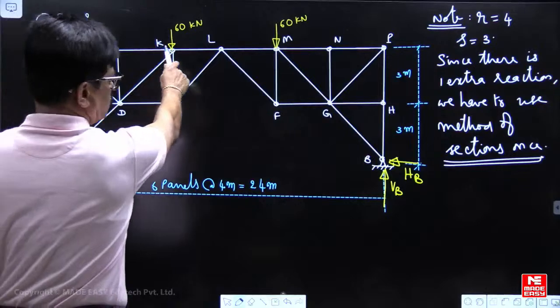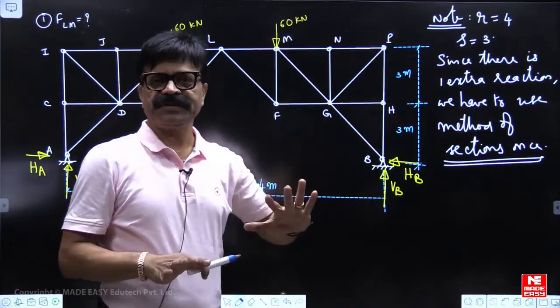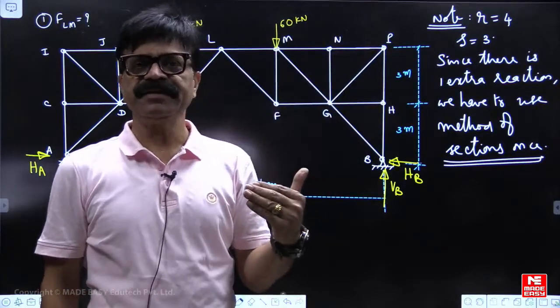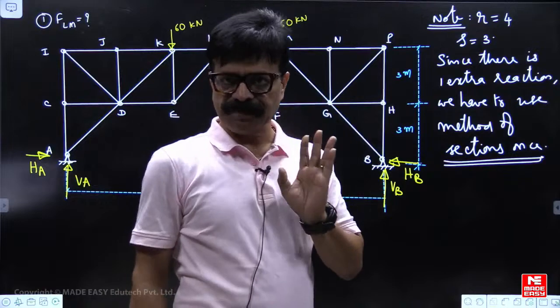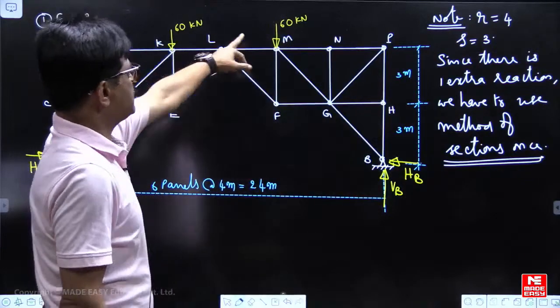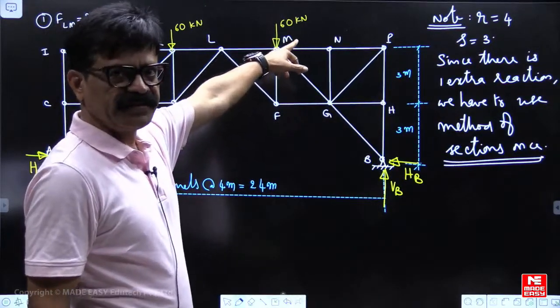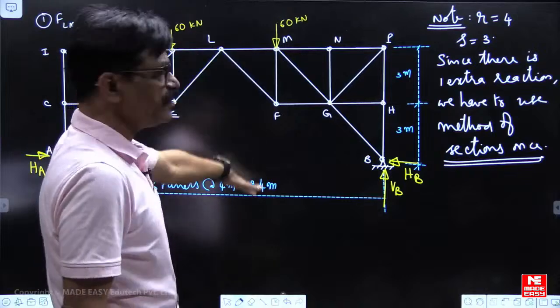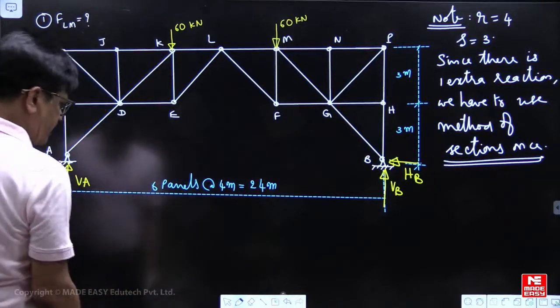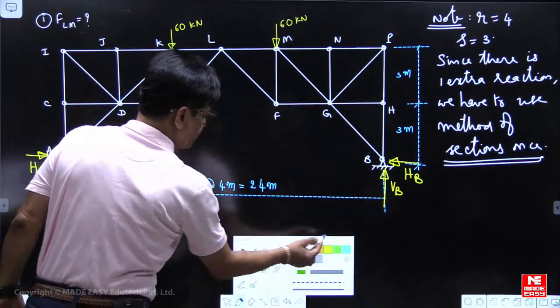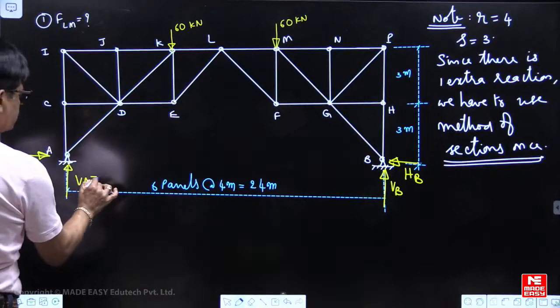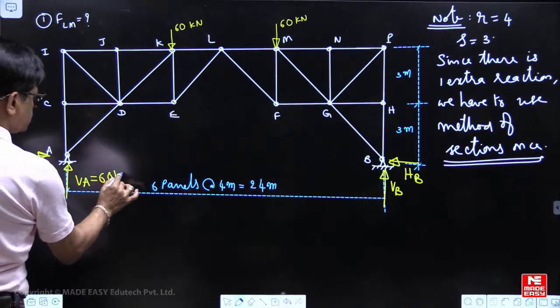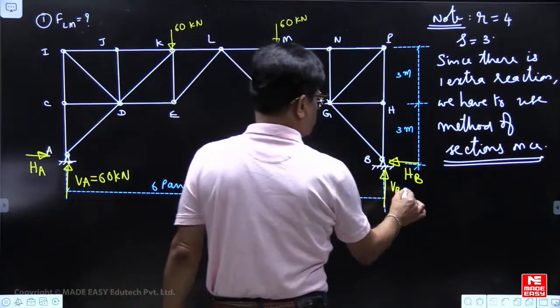I am giving you how you have to think, the process of thinking; allotted time is only 1 minute. Loading is symmetrical. Since vertical loads are symmetrical, both reactions must be equal. VA must be 60, VB also must be 60.